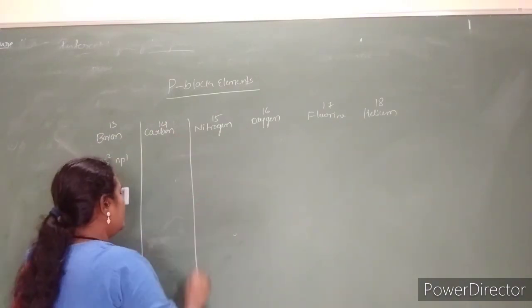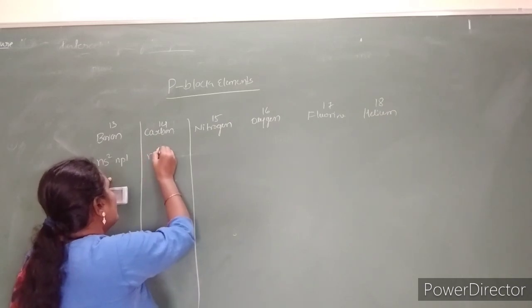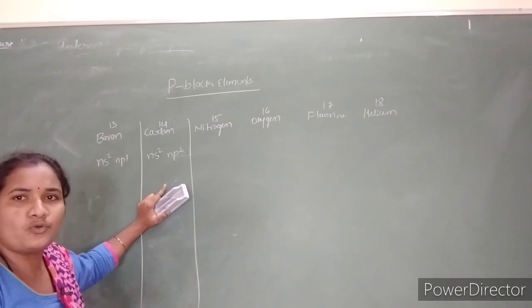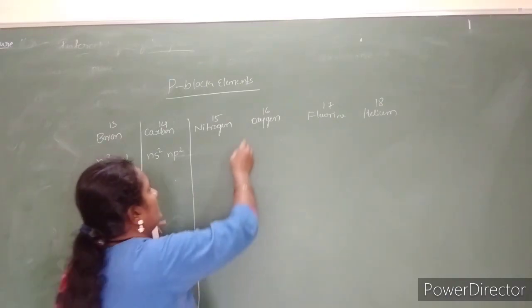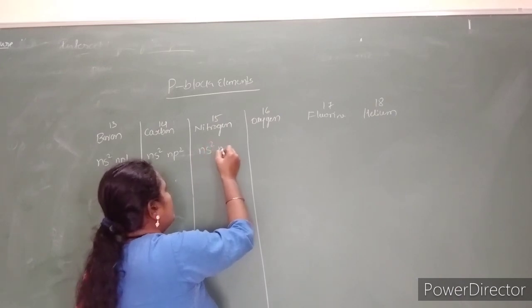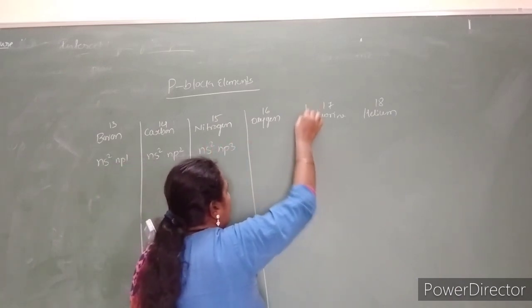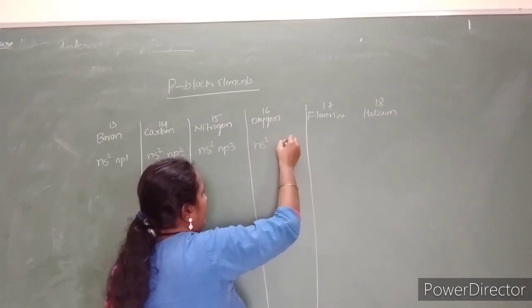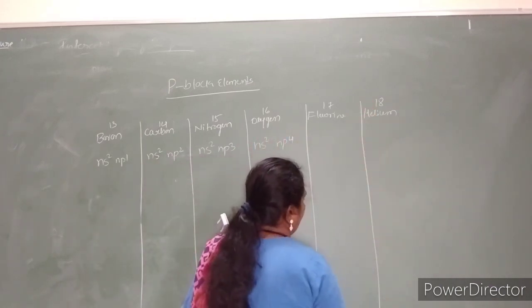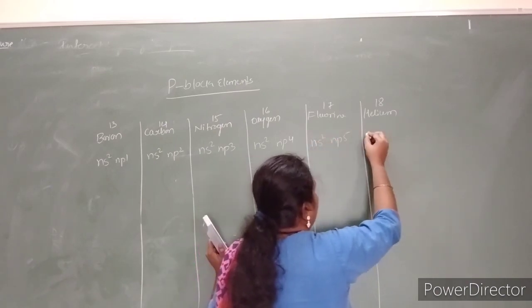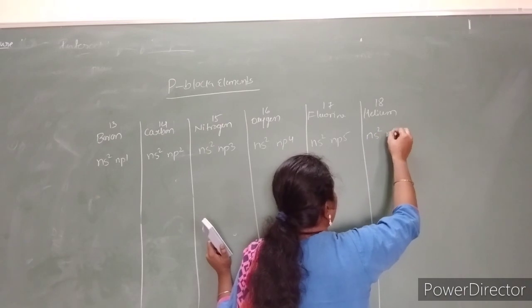Next is group 14, ns2 np2, with 4 valence electrons. The nitrogen family is ns2 np3, with 5 valence electrons. Oxygen has 6 valence electrons, ns2 np4. Fluorine is ns2 np5 and helium ns2 np6.